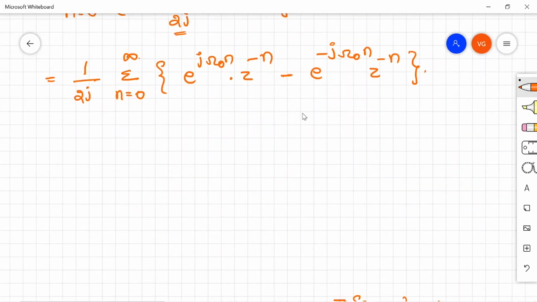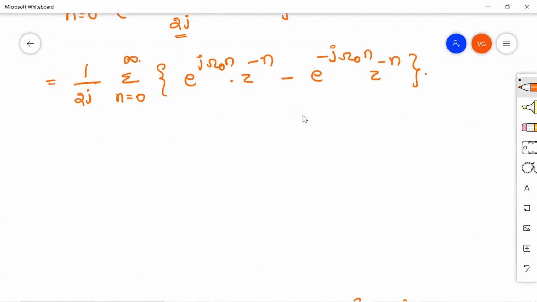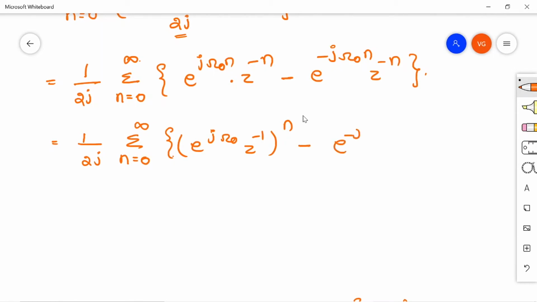Now let us see how you can simplify it more. 1 by 2j, sigma n running from 0 to infinity, e power j omega naught z power minus 1 whole power n. That is, n I am writing outside, minus e power minus j omega naught z power minus 1 whole power n, taking the power n common. So this is what I am getting till now.